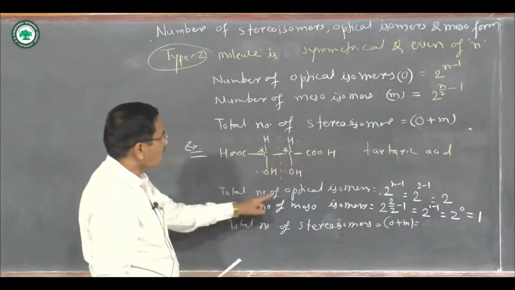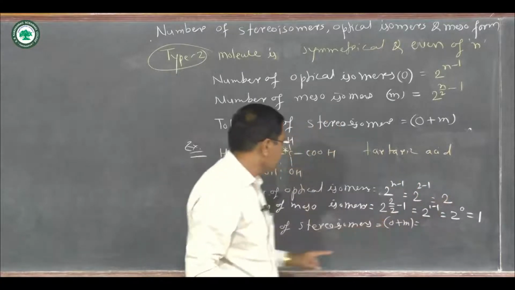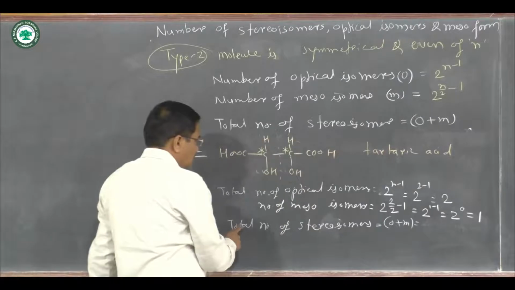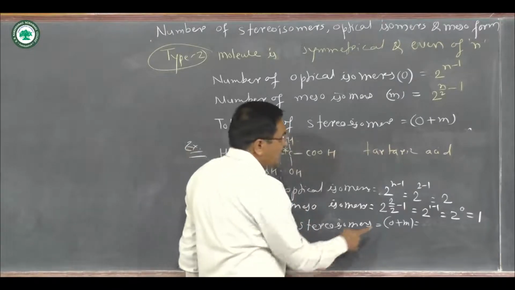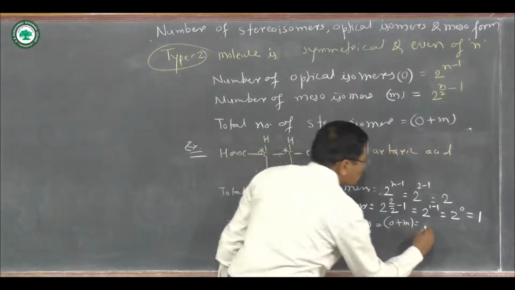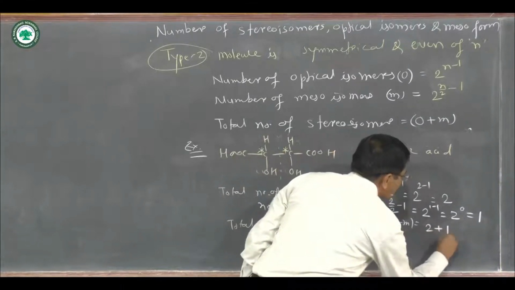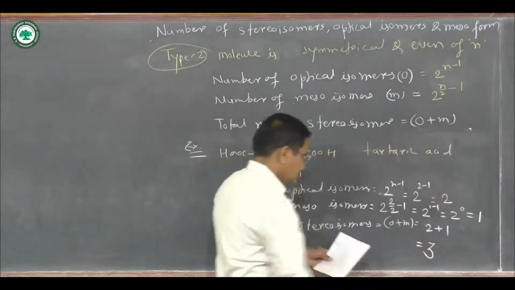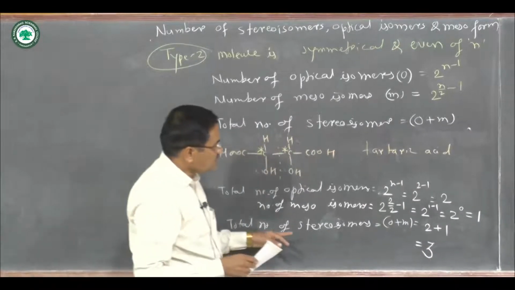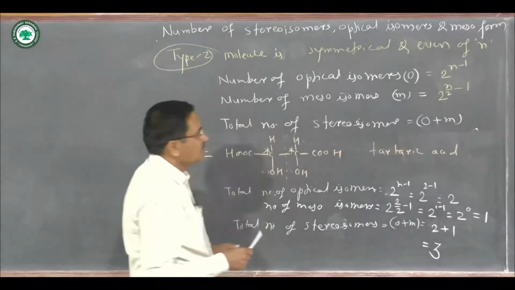So here the total number of optical isomers is 2 and the number of meso isomers is 1. The total number of stereoisomers is the addition of optical isomers and meso isomers, so 2 plus 1 equals 3. So 3 is the total number of stereoisomers.